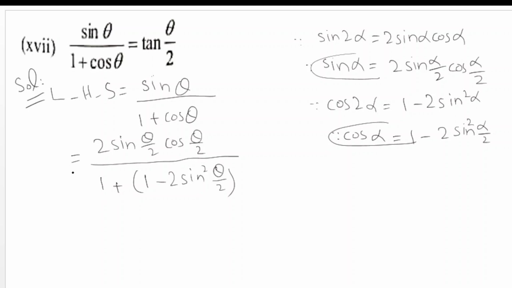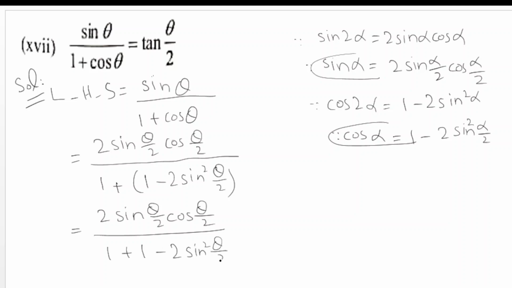Okay. So now we need to open the bracket here. The up remain as it is, the numerator I mean. So cos theta by 2 here and at down 1 plus 1 and then minus 2 sine square theta by 2.